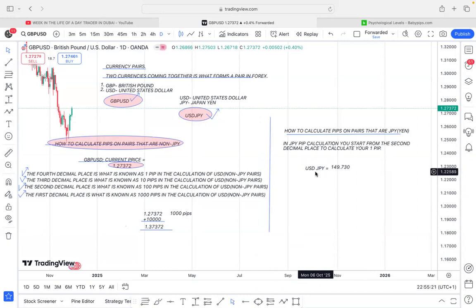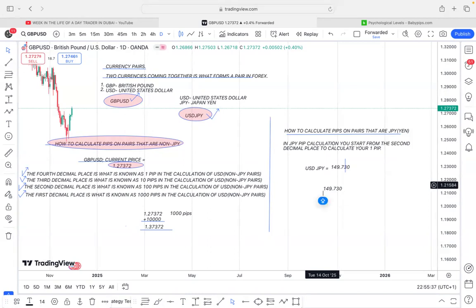Let's say your current price is 149.7. Now, what's the second decimal place here? 3 is where it starts from, right? So now 3 is where your 1 pip is going to be. So for example, we have 149.730.